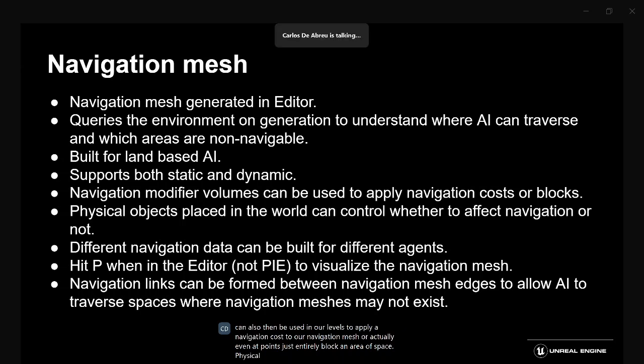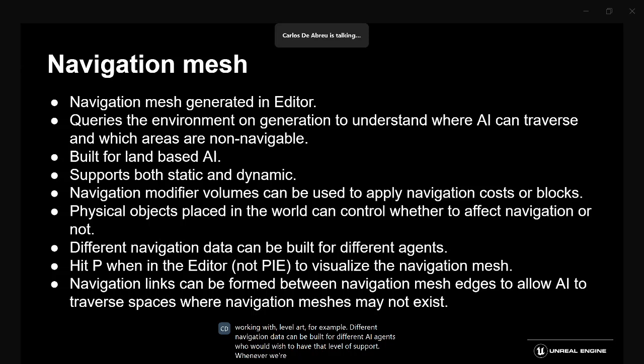Physical objects that are placed in the world can control whether they affect that navigation mesh or not. This is really key when you're working with level art, for example. Different navigation data can be built for different AI agents who would wish to have that level of support.